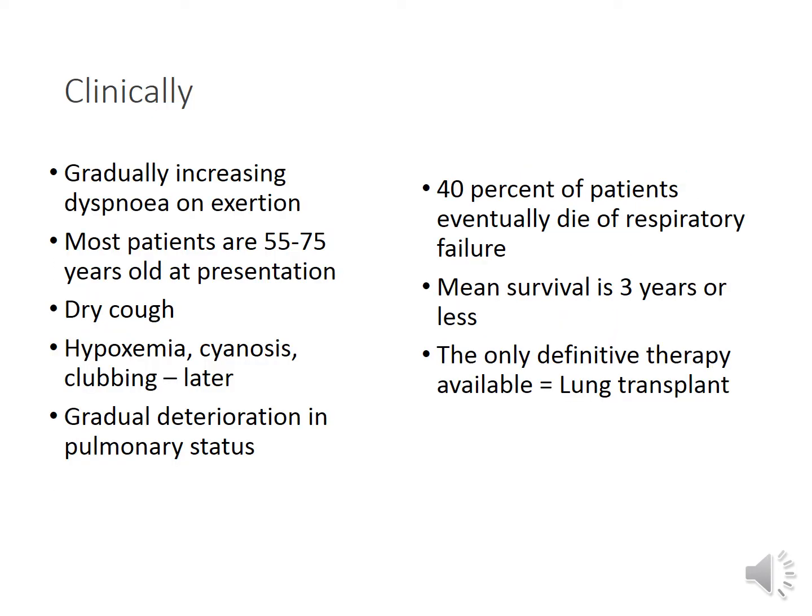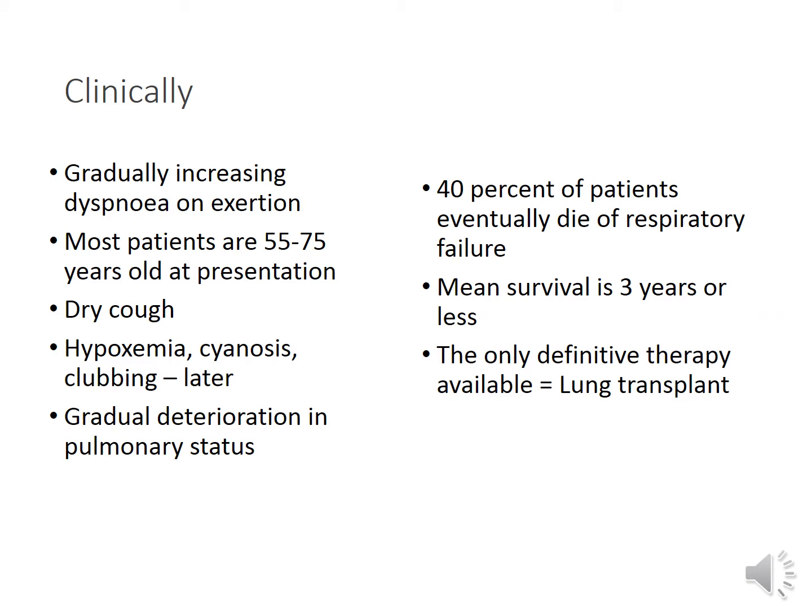Clinically, the patients will have shortness of breath, which gets worse over time because the fibrosis gets worse over time. At the same time, they are going to have cough. Lung CT would show fibrosis, and the fibrosis starts at the subpleural region, and eventually, over time, it can progress to involve the entire lung.